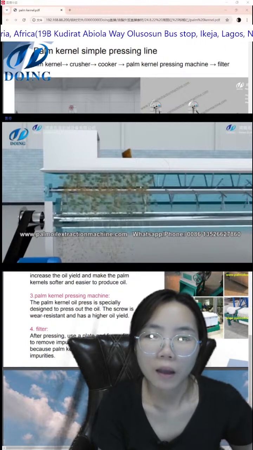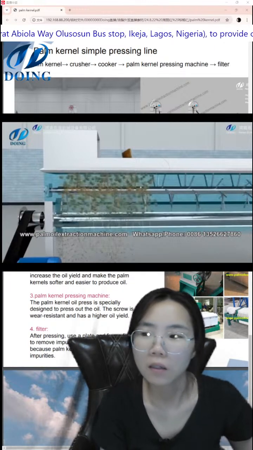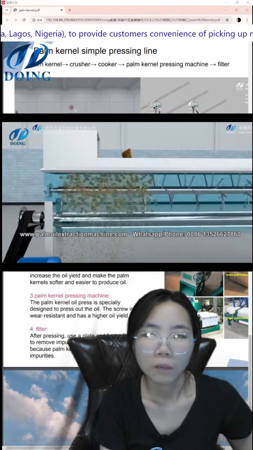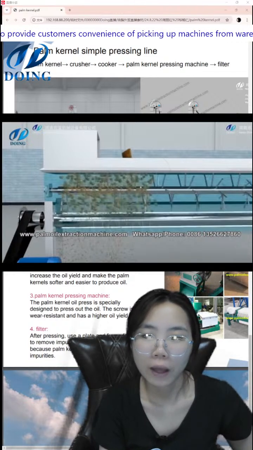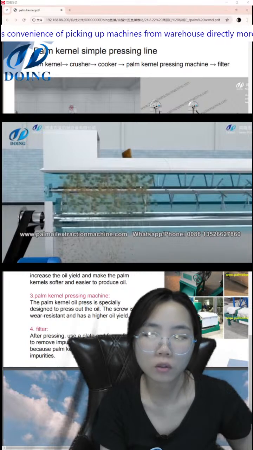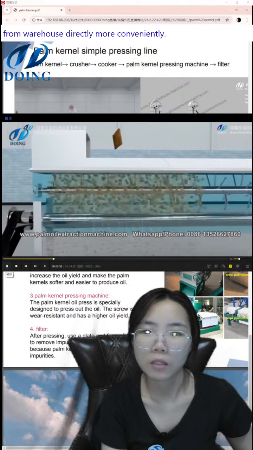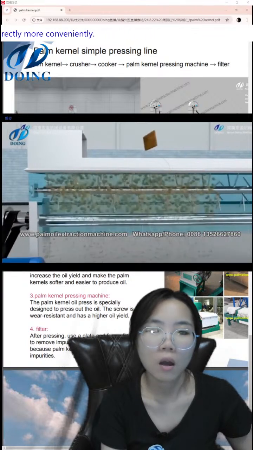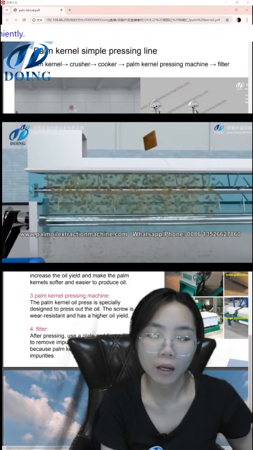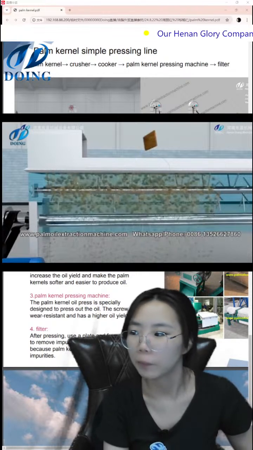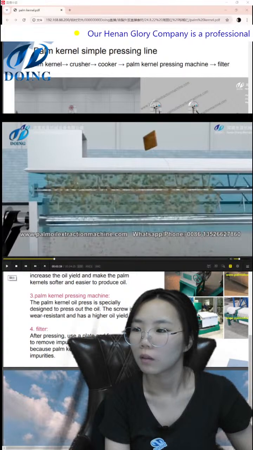In the inner part of the machine, the triangle shaft rotates at a high speed to separate the palm kernel and the fiber, so we can get the clean palm kernel.